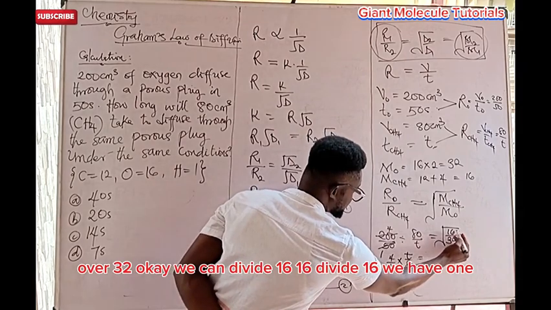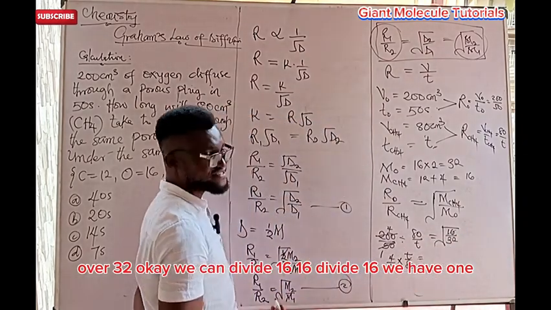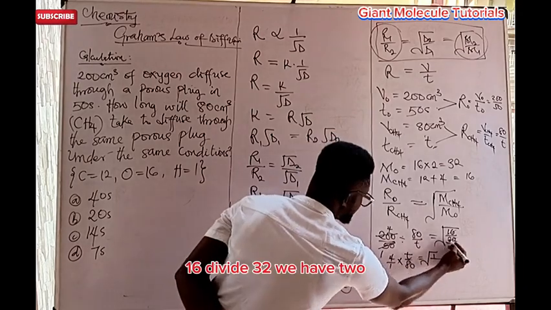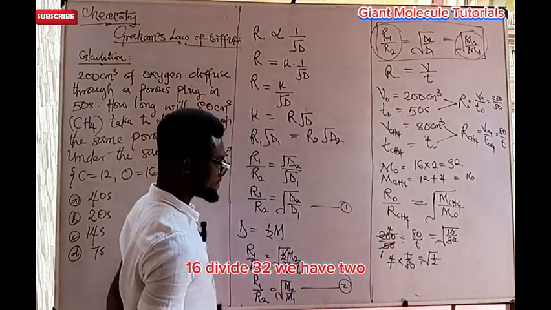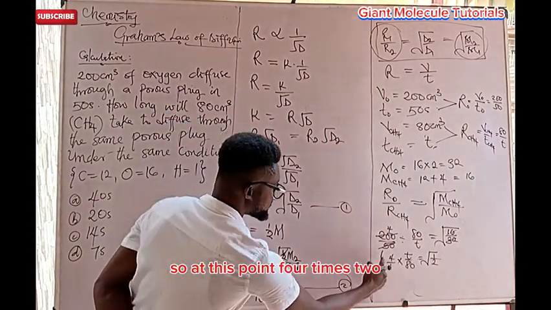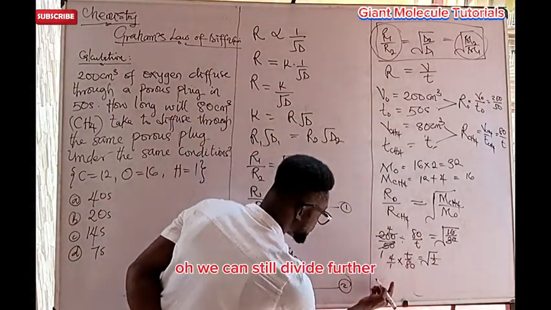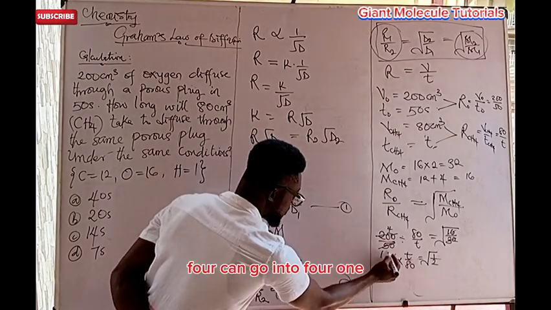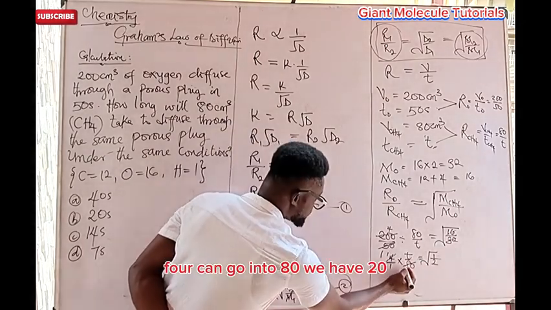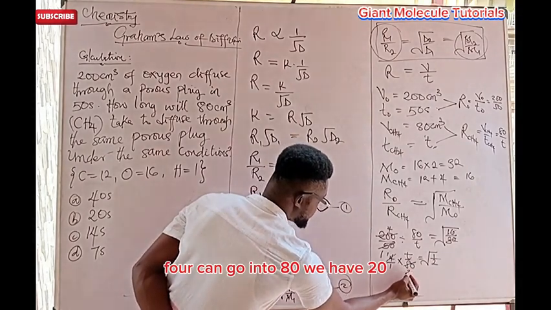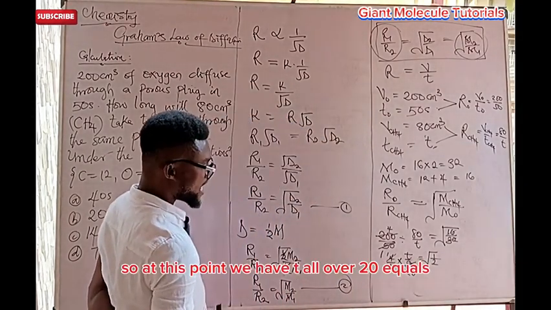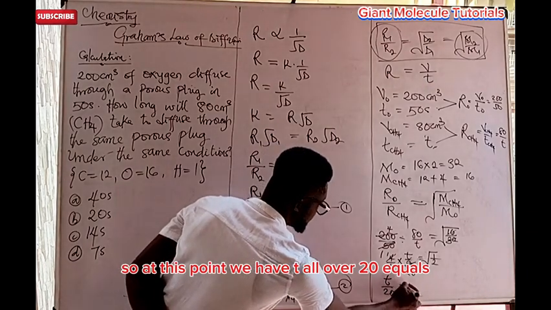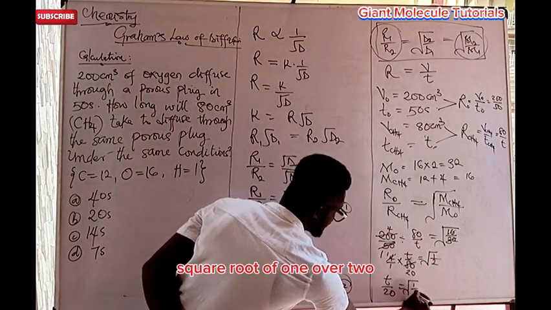Okay, we can divide: 16 divides 16, we have 1. 16 divides 32, we have 2. So at this point, 4 times T. Oh, we can still divide further. 4 can go into 4, 1. 4 can go into 80, we have 20. So at this point, we have T all over 20 equals the square root of 1 over 2.